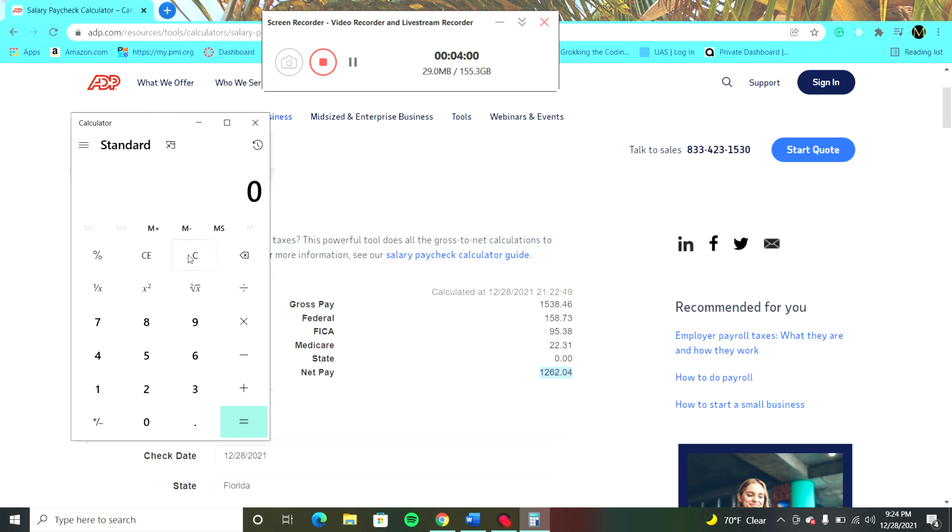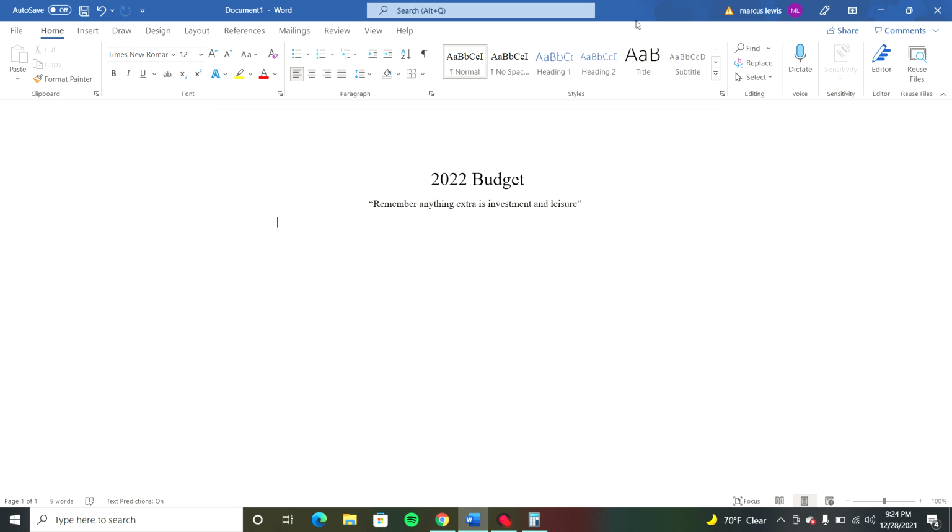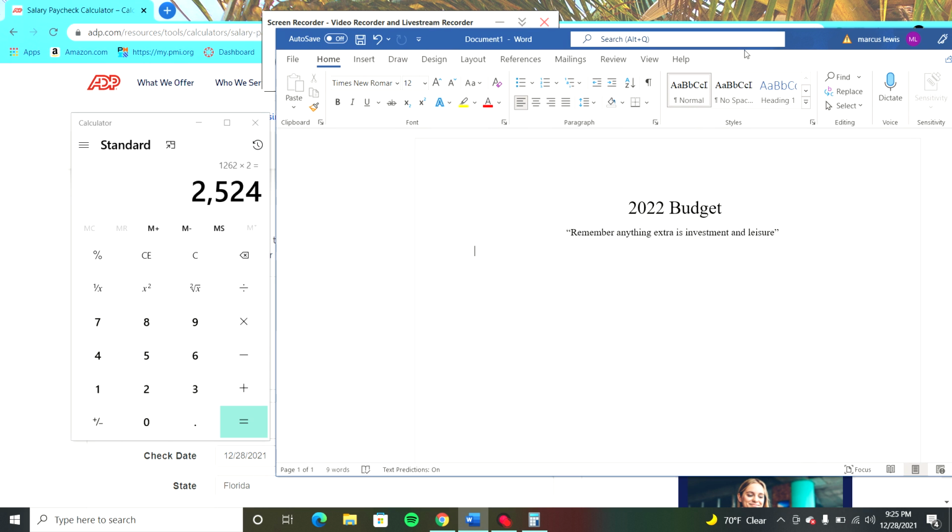So here we go. So we have, sorry, not 20, $1,262.04. We're going to do that times two because we get paid on average twice a month. So that's $2,500.24. So that means we now have, so go ahead and pull up your Word document, your Mint, or your Excel sheet, whatever you may use.